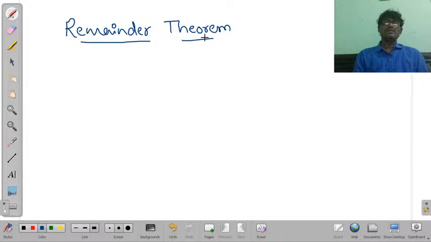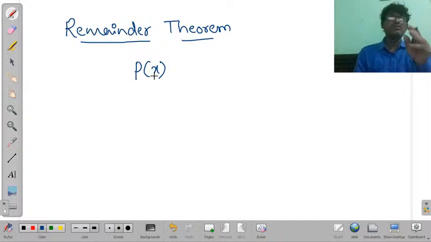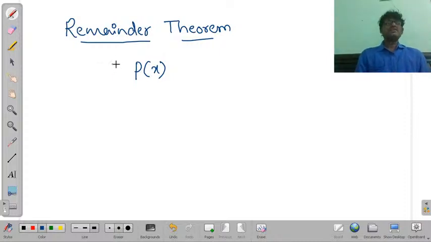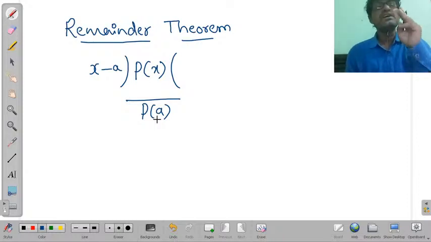Remainder theorem says that if p of x is a polynomial of degree greater than or equal to 1, and small a is any real number, then if p of x is divided by x minus a, then the remainder is nothing but p of a. This is what we call remainder theorem.